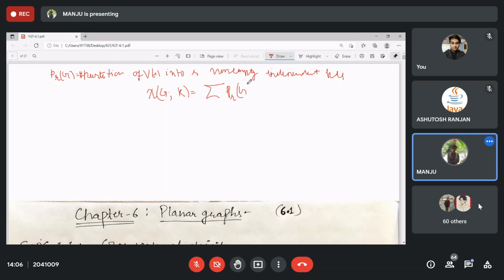P_R(G) into k into k minus 1 and so on. That is k sub r you can represent. And what is this k sub r? k into k minus 1 and so on up to r terms.